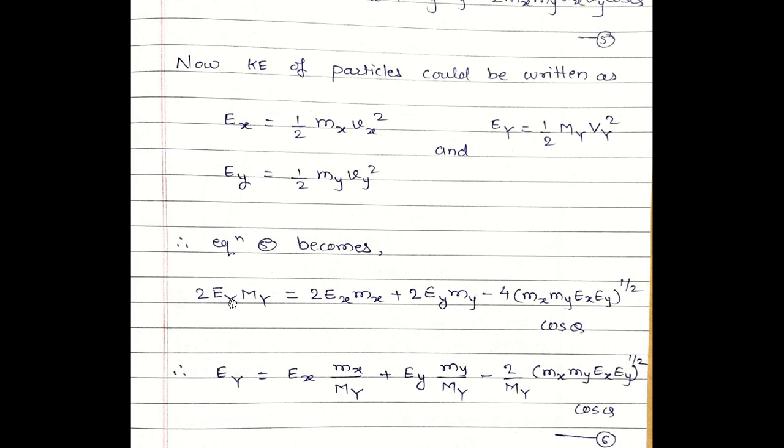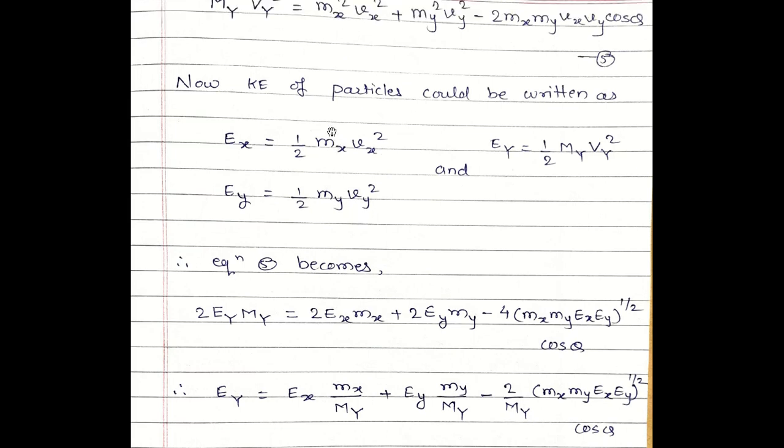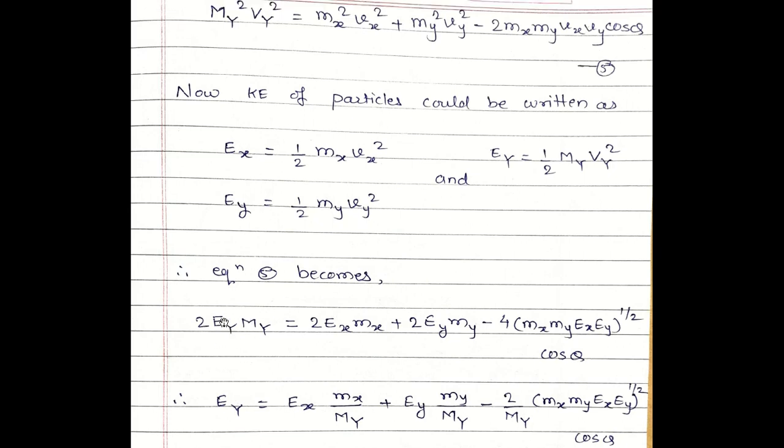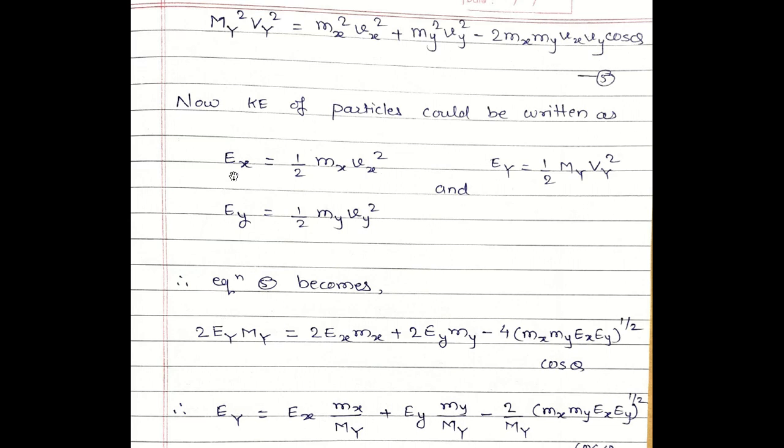Wherein we have written half mx vx square, and this m to be written again in the multiplication. So we will get this formula, twice Ey My, instead of this My square vy square, right? We have multiplied and divided by 2 here, and an extra m was there.